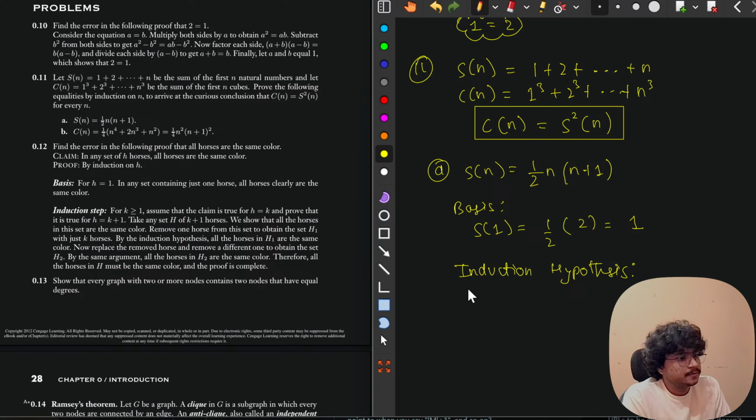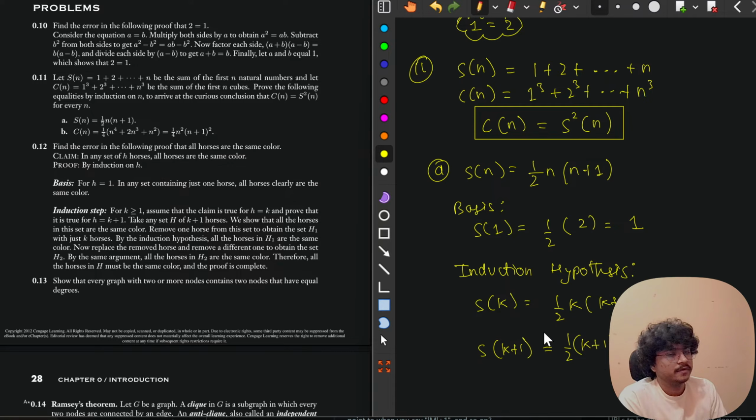We generalize this by using k, half, and then we have to prove k plus 1 equals to... If we are able to prove this step, then I think induction will be completed.